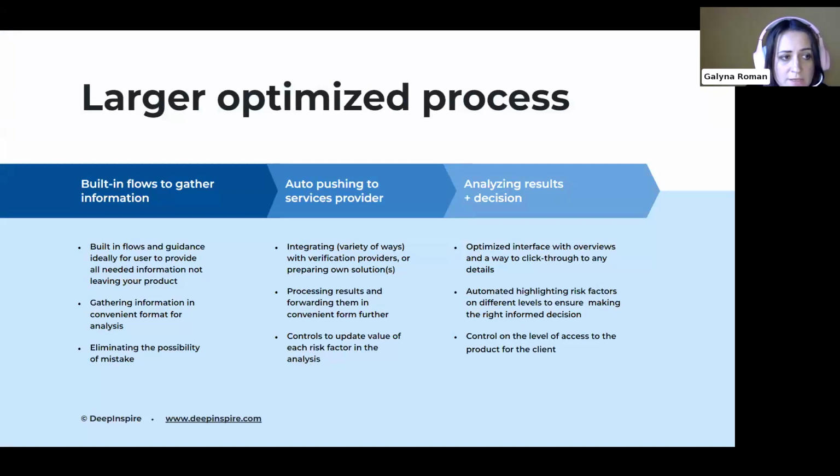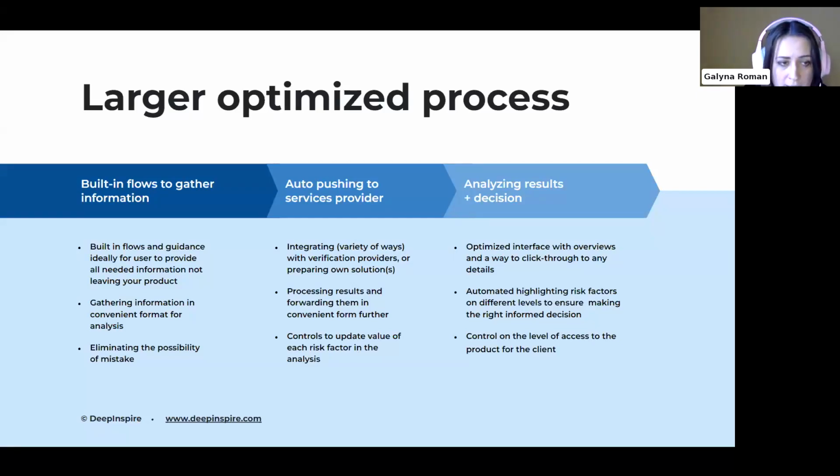For example, here is a largely optimized process where some of the processes are already included in your software product, and also some auto pushing, auto checking is done, and the information is provided to compliance officers in more convenient ways. They do not go to different services to check this or that, but in general, it is still working for your company.